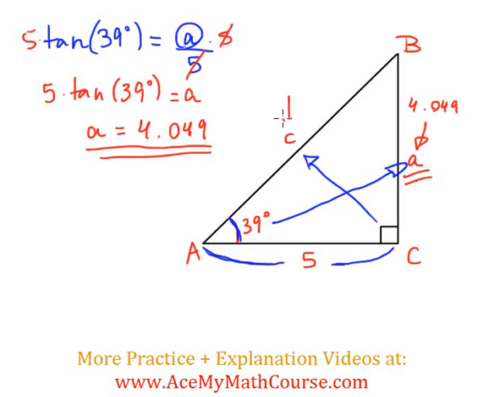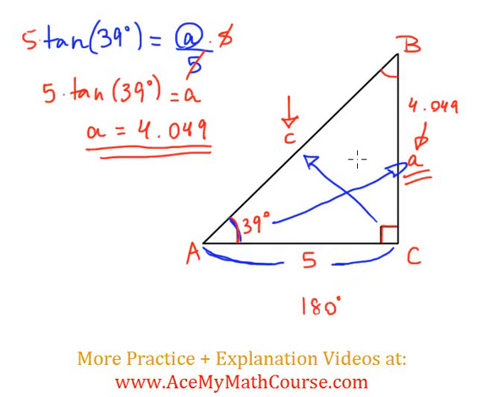Now let's just solve for C. And then we have all the measures of the right triangle. Oh yeah, of course. Let's also figure out the measure of angle B. That's a piece of cake. Why is that? Well, we know that all the angles in a triangle add up to 180 degrees.